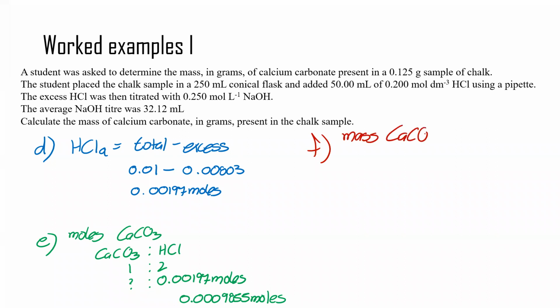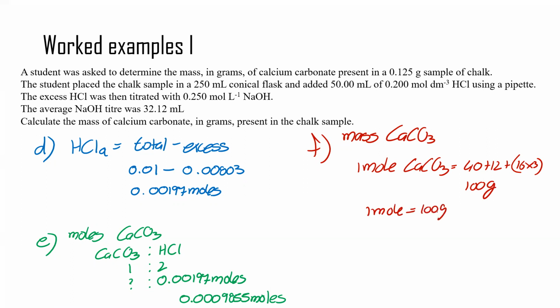of calcium carbonate. And here we can say that 1 mole calcium carbonate is equal to 40 plus 12 plus 16 times 3, which is equal to 100 grams. 1 mole equals 100 grams.